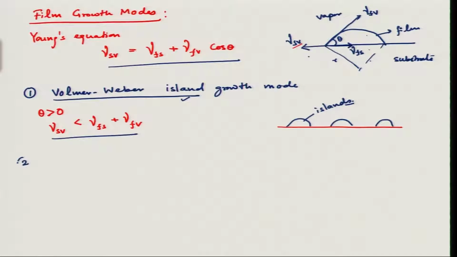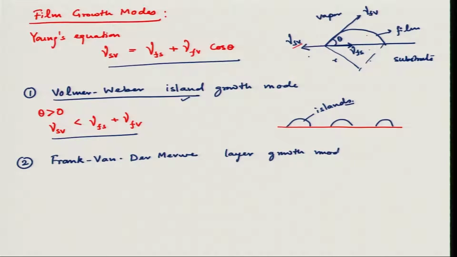Second is called Frank-van der Merwe layer growth mode. Okay. This is the other extreme of the growth mode, where your contact angle theta is roughly equal to 0.